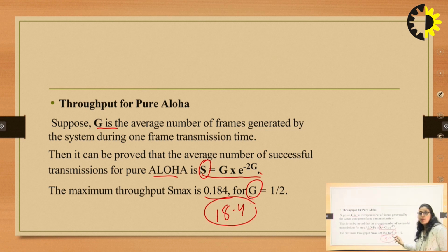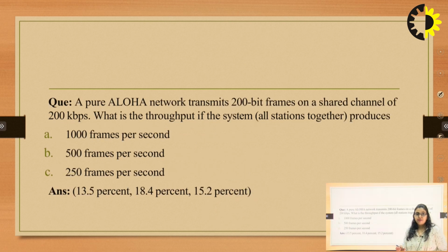This is the possibility of there being no collision in the data. It means that while we are sending hundreds of data frames, only 18.4 of them are received by the receiver.